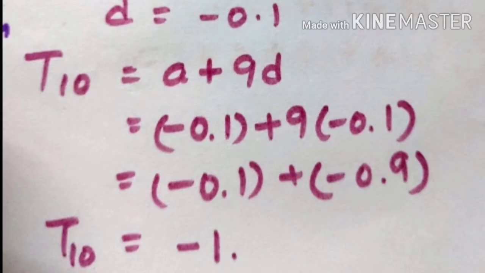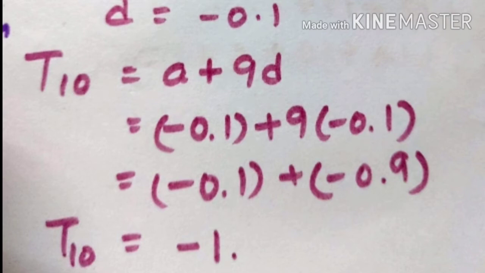Now we place our formula for T10, the 10th term, from the Tn formula. The Tn formula is a plus n minus 1 into d. Here the n value is 10, so T10 is equal to a plus 10 minus 1, which is 9d. Now placing the values, a is minus 0.1 plus 9, and d is also minus 0.1.